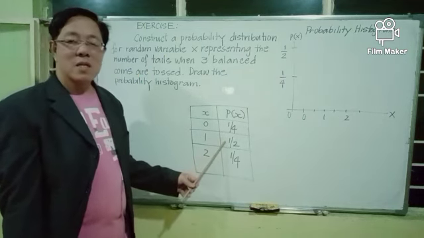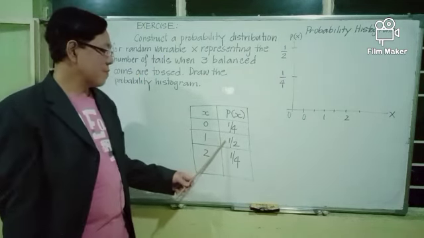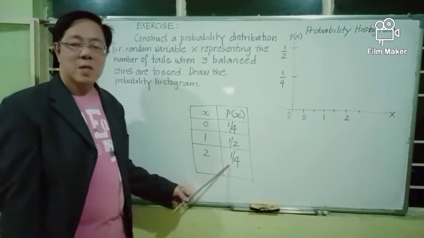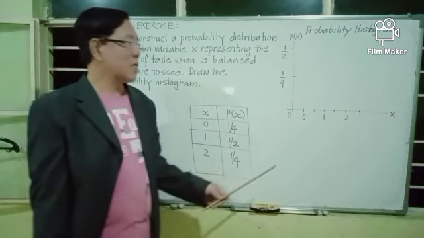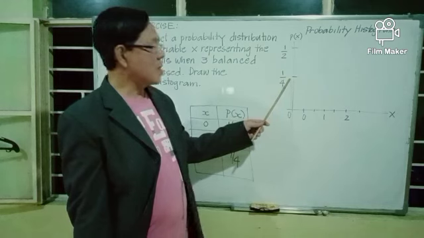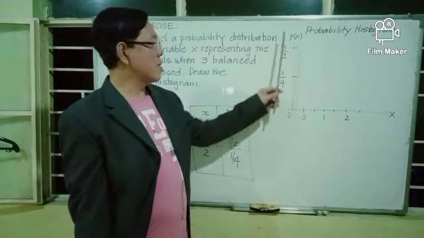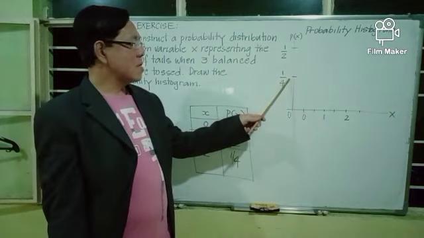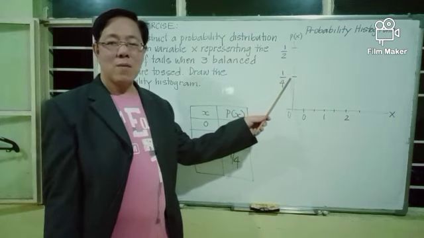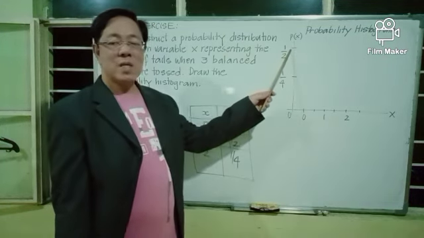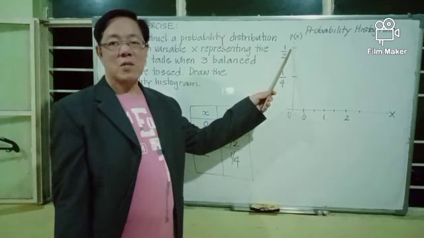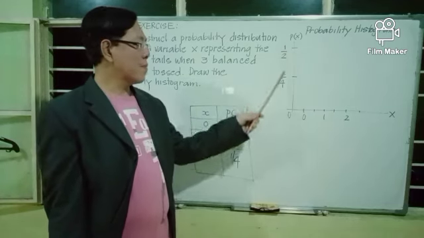The highest probability here is 1/2 or 0.5, and the lowest probability is 1/4 or 0.25. So I used a 0.25 interval scale for the vertical axis. This is 0.25 or 1/4, plus 1/4 is 1/2.